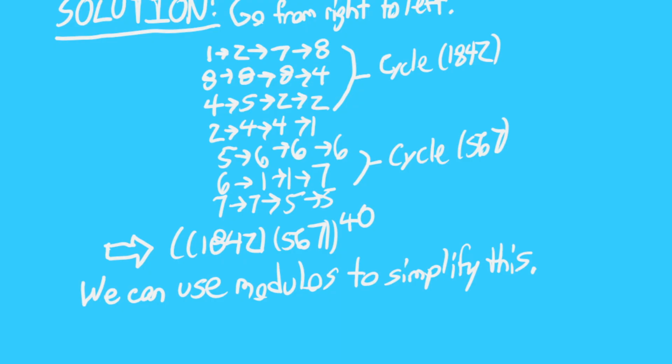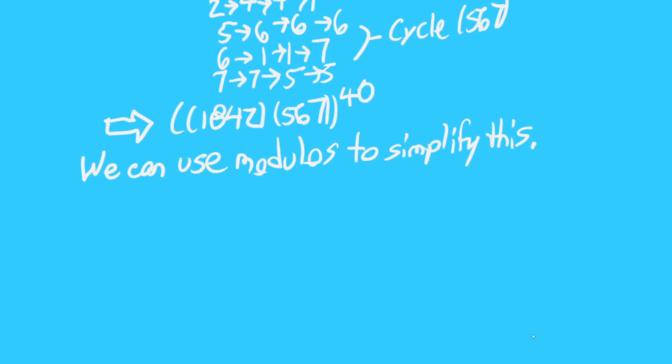We can do that by looking at the structure of the two permutations that we are working with. So we have (1 8 4 2). Let's write it like this actually. This is a 4-cycle.